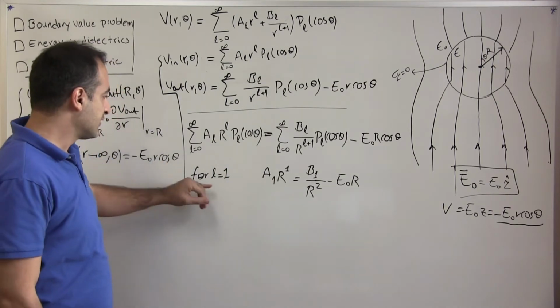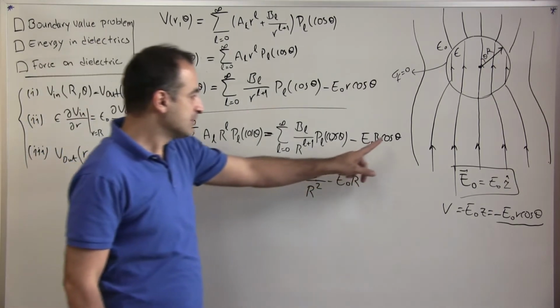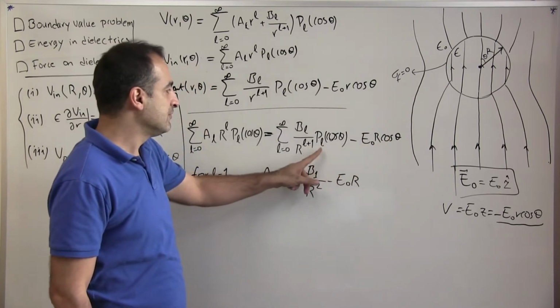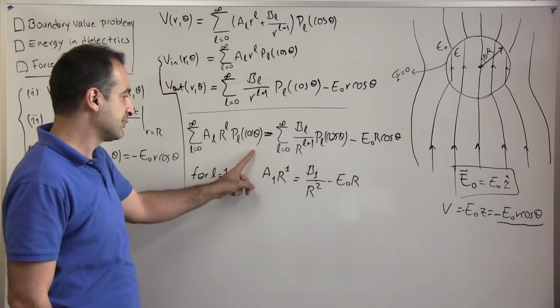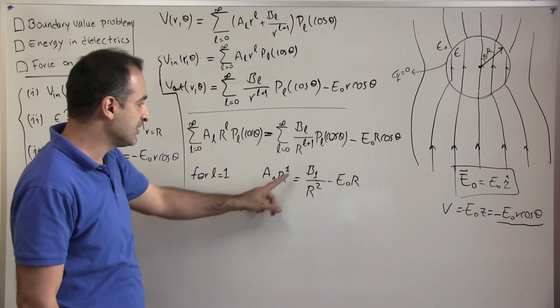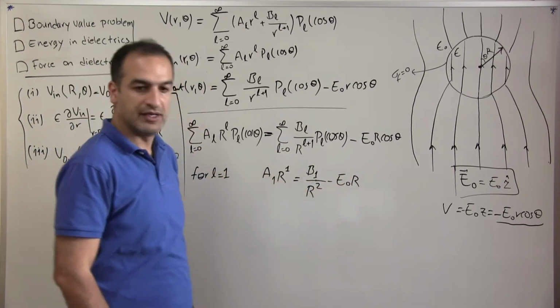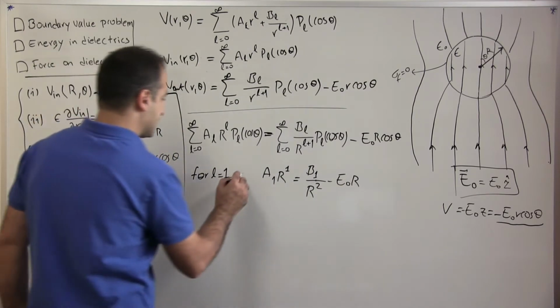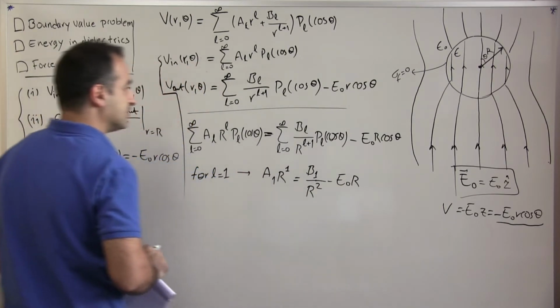So for L equals 1, cosine theta is canceled out with P1 cosine theta. And what we get from that is a relationship between A1, B1, and E0 R. So that is correct for the case that L is equal to 1.